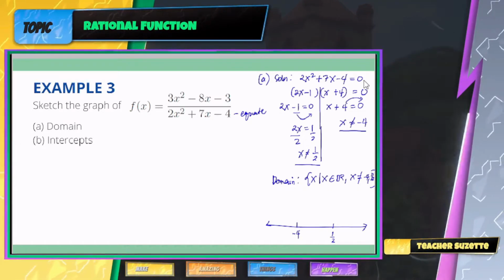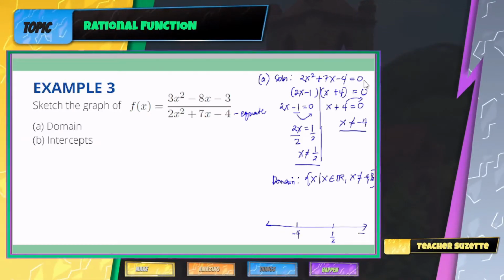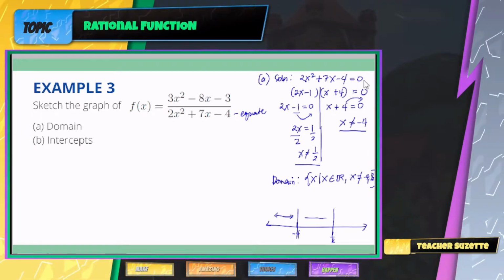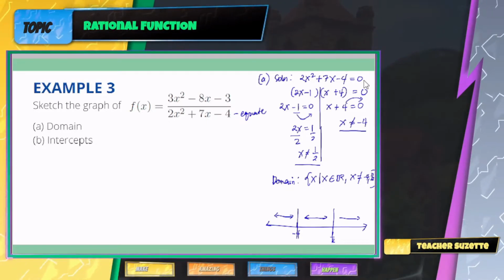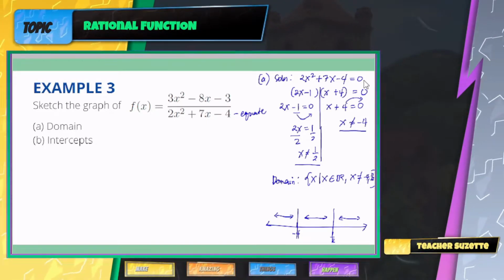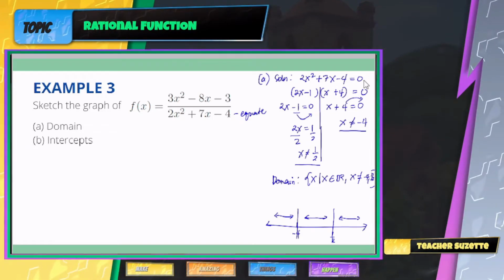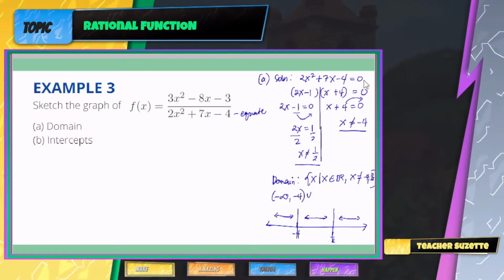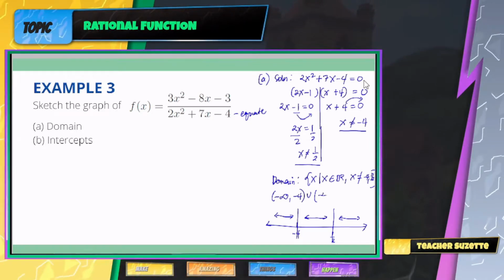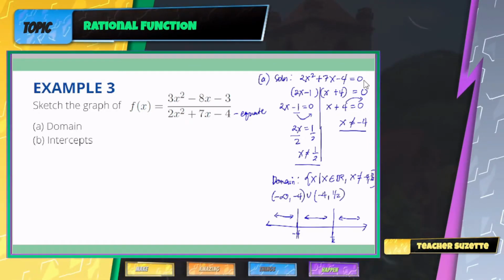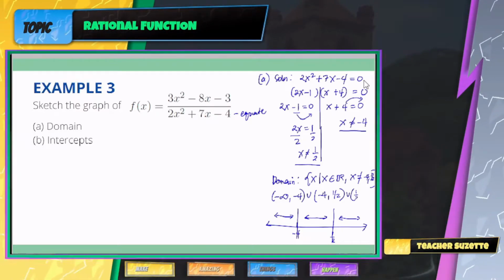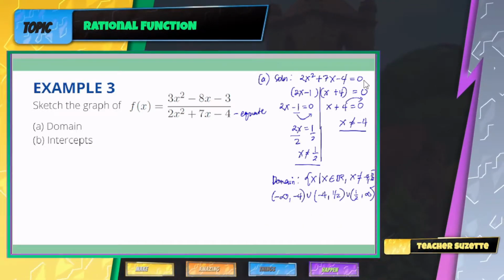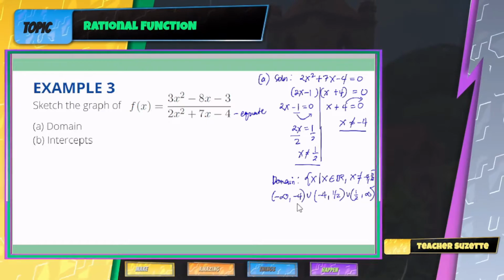So the line is divided into three parts. In interval notation, the first part will be negative infinity to negative 4, union the middle part, negative 4 to 1/2, then union 1/2 to positive infinity. That is how you write it in interval notation.